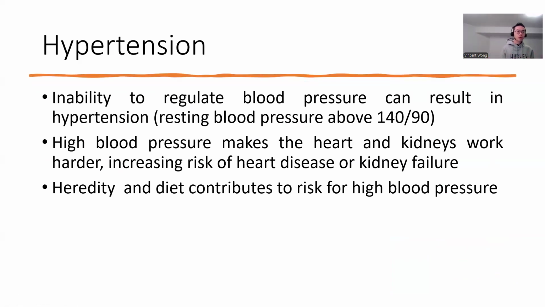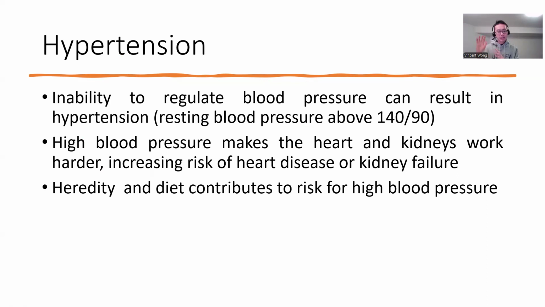Hypertension is another word for high blood pressure. There are mechanisms, ways in the body that would help bring the blood pressure back down when it gets too high. Your kidney, for example, plays an important role in that. There are some hormones in the body that will help you bring the blood pressure down.